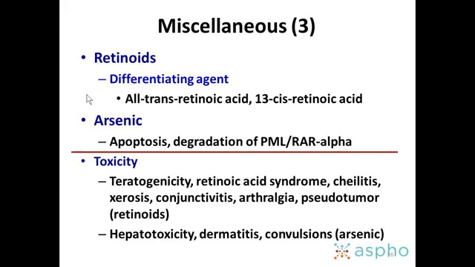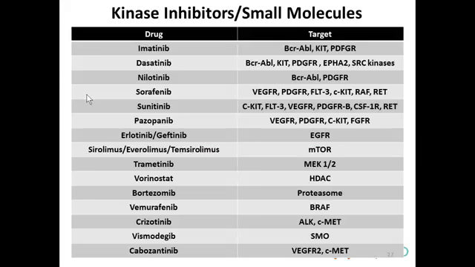Arthralgias, joint pains, are fairly common in patients, particularly with cis-retinoic acid, and they both can cause pseudotumor cerebri. Arsenic can also cause hepatotoxicity, dermatitis, convulsions, and can prolong your QT interval, which can predispose you to arrhythmias.